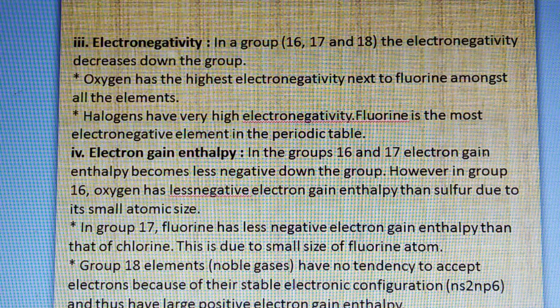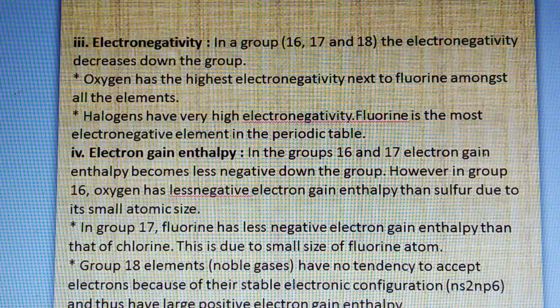Oxygen has the highest electronegativity next to fluorine amongst all the elements. Halogens have very high electronegativity. Fluorine is the most electronegative element in the periodic table. So amongst the halogens, fluorine has the highest electronegativity, while from group 16, oxygen has the highest electronegativity.